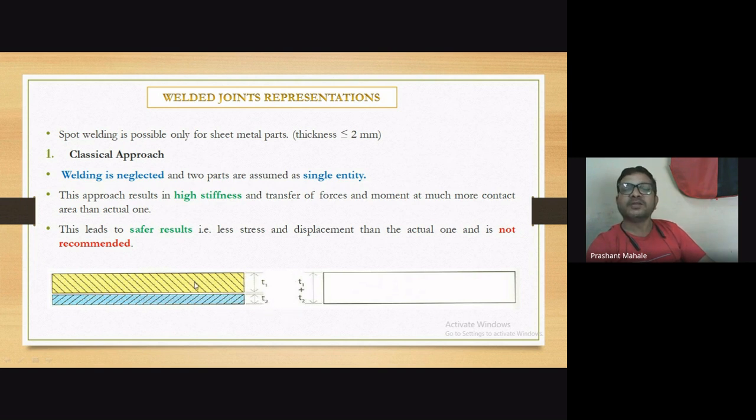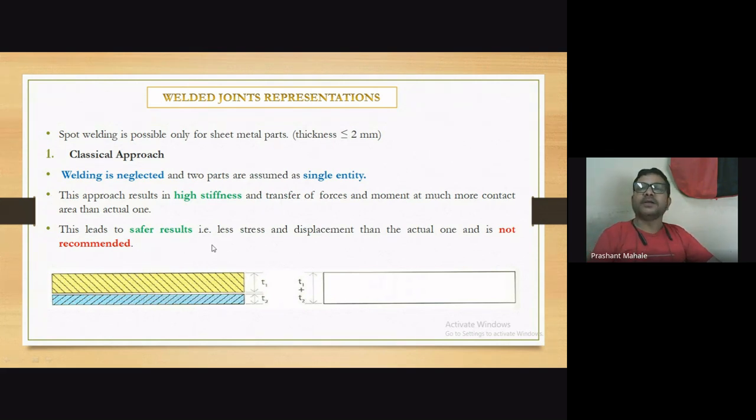We consider these plates which are going to be welded as a single plate with thickness T1 plus T2 when we are going to model that in ANSYS, and according to that we deal with it. So this is the classical approach.